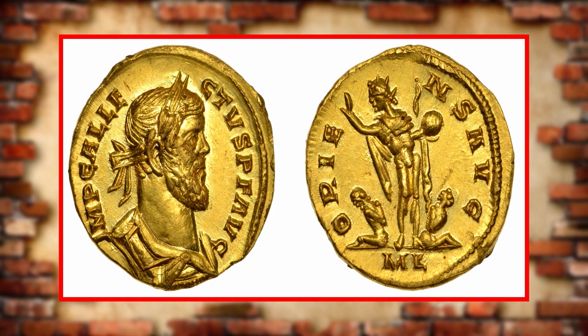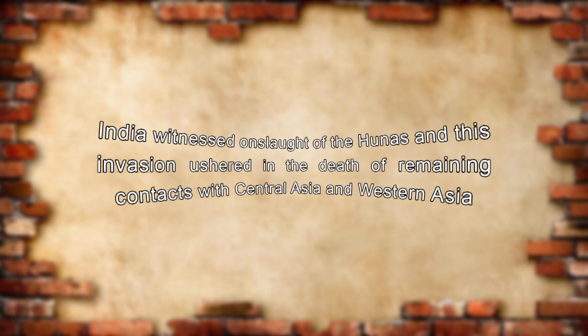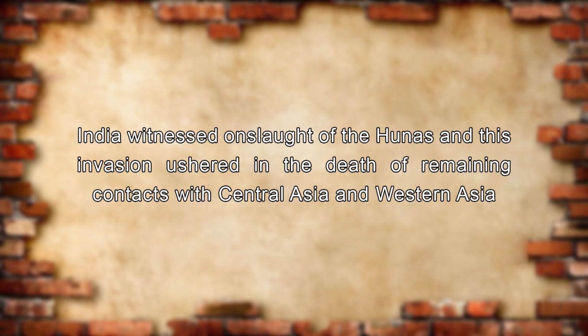The flourishing Roman trade and the trade with Central Asia and Southeast Asia received a massive setback, and the decline became more pronounced by the middle of the 6th century CE. The inflow of Roman gold coins into India stopped after the early centuries of the Common Era. At the same time, India witnessed the onslaught of the Hunas, and this invasion ushered in the death of remaining contacts with Central Asia and West Asia.